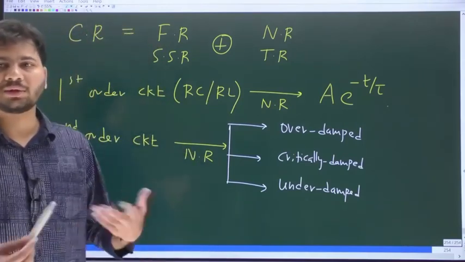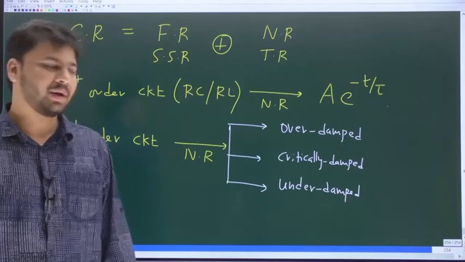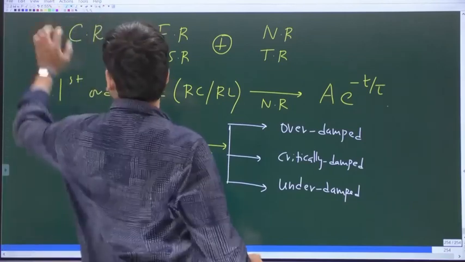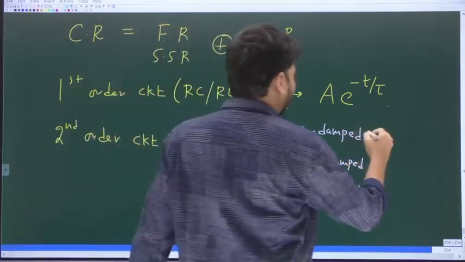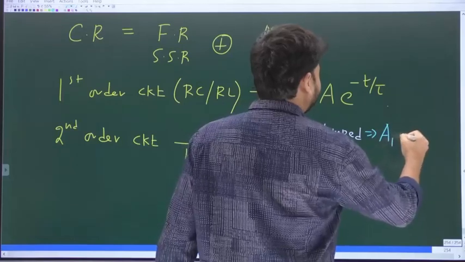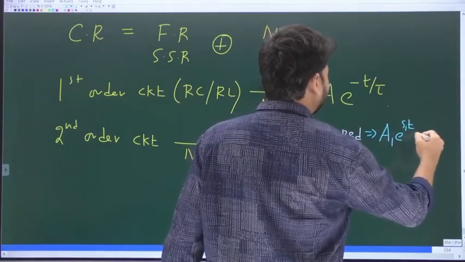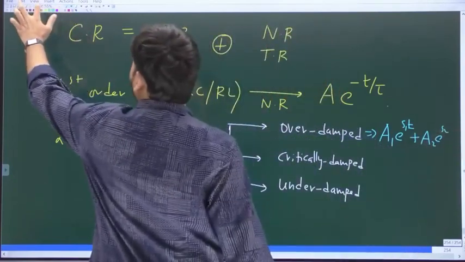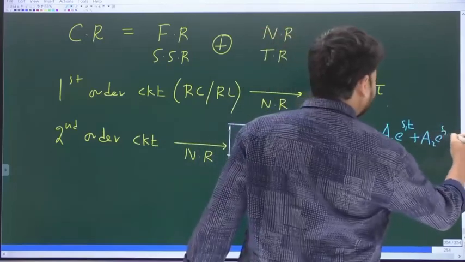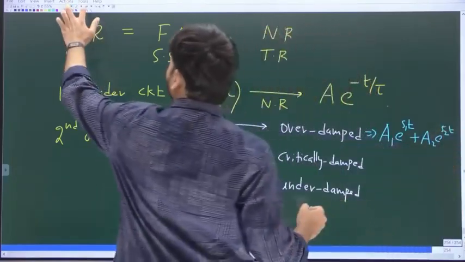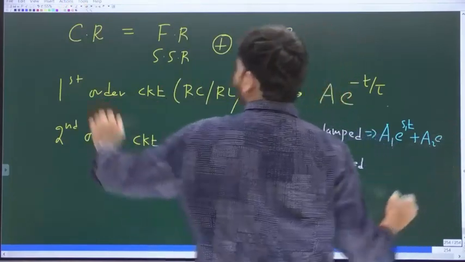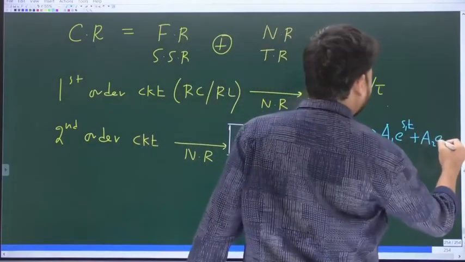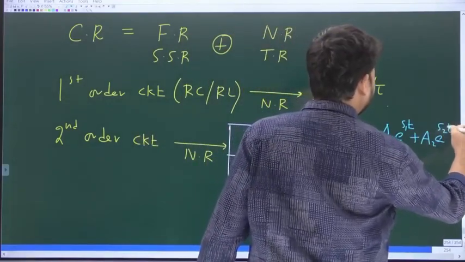Overdamped will consist of two decaying exponentials. In fact, I can write, for the overdamped case, the natural response is of the form a1 e power s1t plus a2 e power s2t.